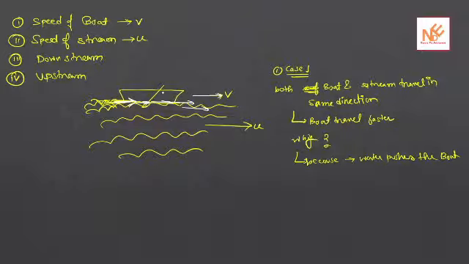That's why the boat travels faster, since the water pushes the boat along with it. And what is the name of this condition? When boat and stream travel in the same direction, it is called downstream.